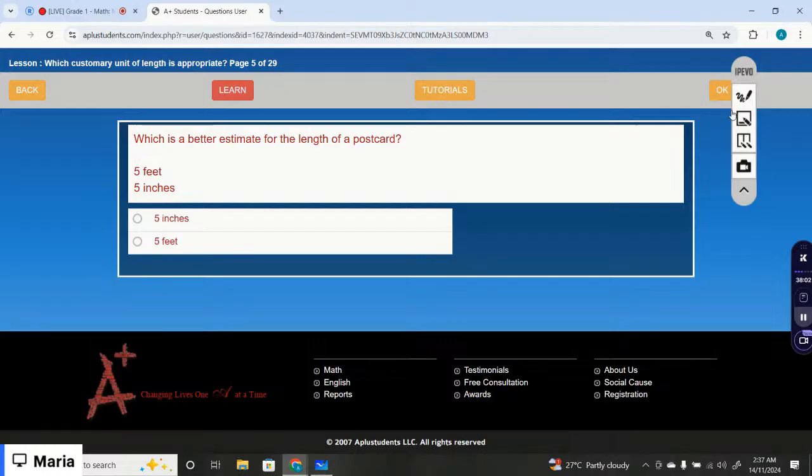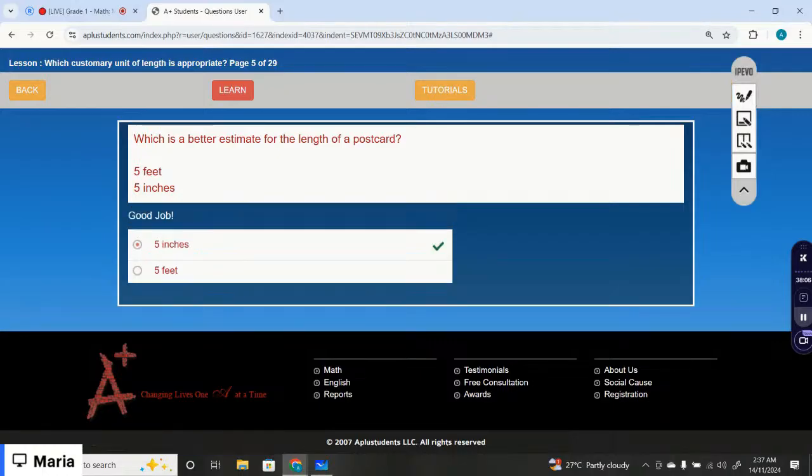It must be 5 inches. 5 feet is too large for the postcard. Got it?